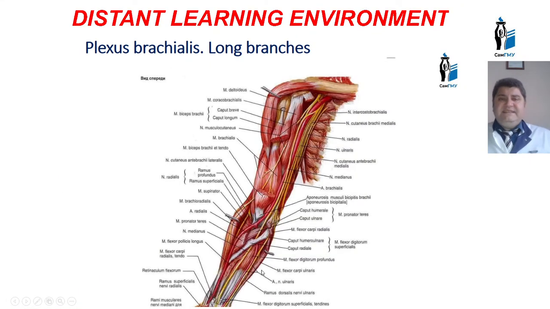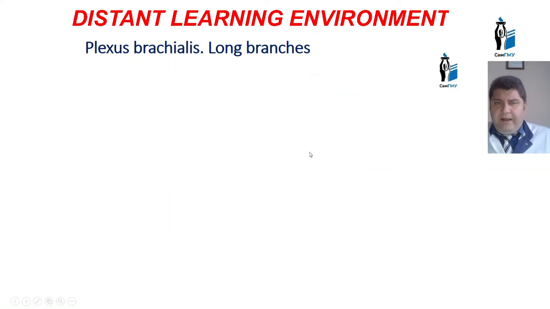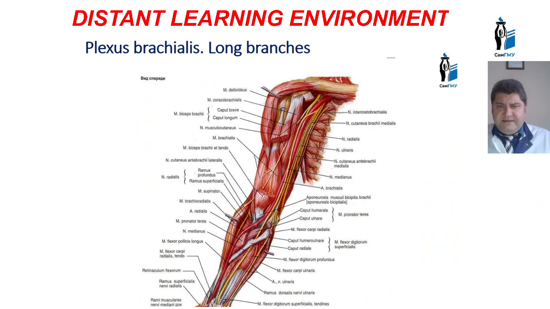And now let's look in detail at the long branches, some of which you may see here. We can see the nervus intercostobrachialis, as I told you, the place of connection between the medial brachial cutaneous nerve and the intercostal nerves, first and second, maybe only second, to innervate the axillary fossa skin.